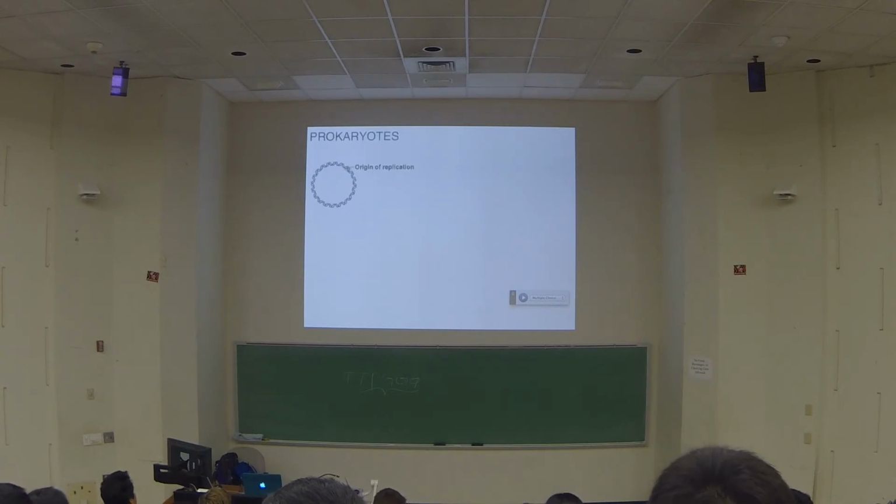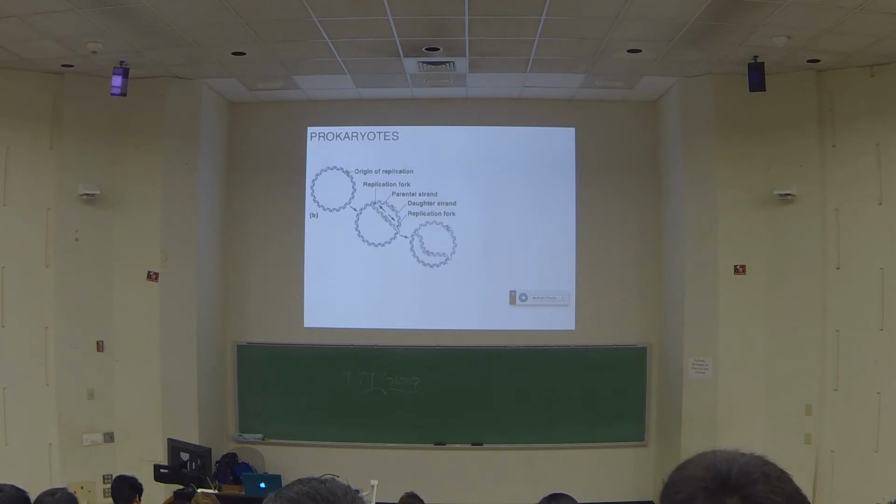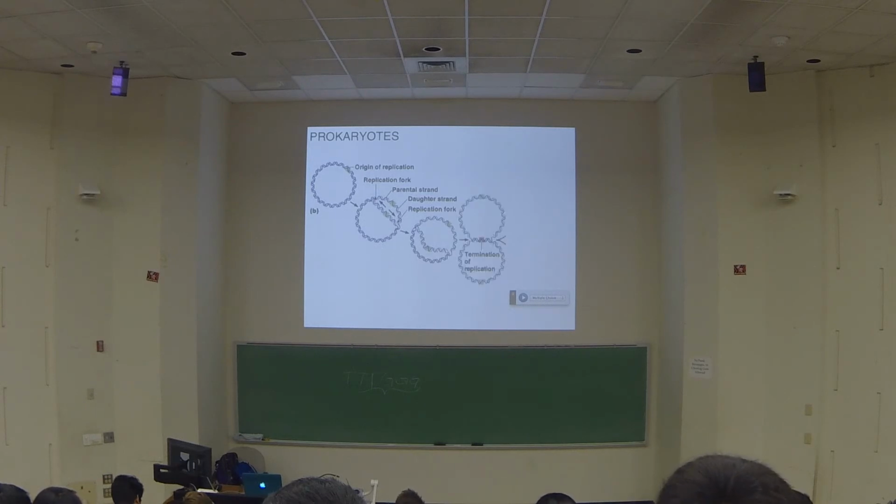So in bacteria, you have an origin of replication. It splits apart. Just like in a linear chromosome, those replication forks open up away from each other. And new DNA is formed in each direction in leading and lagging fashion. It continues. And then gets to the other side of the circle, and there's a termination signal, right?